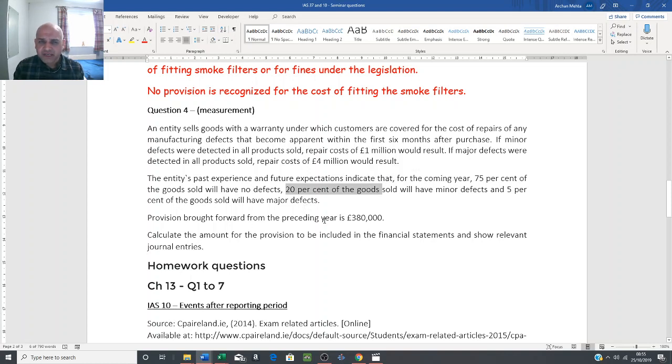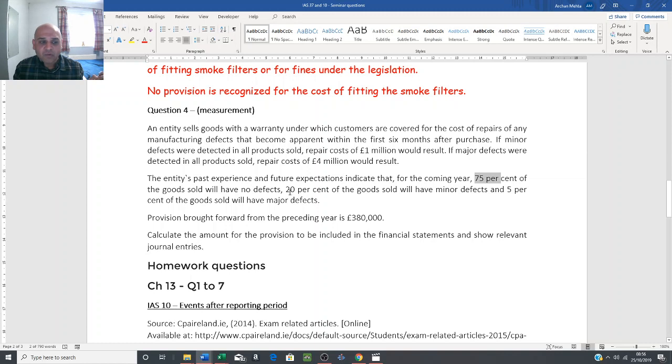So what we need to do here is apply the sigma px approach, where we multiply the probability of the outcome with the outcome. For example, the probability of goods coming back with minor defects is 20%, the probability of goods coming back with major defects is 5%, and the probability of goods having no defects at all is 75%.